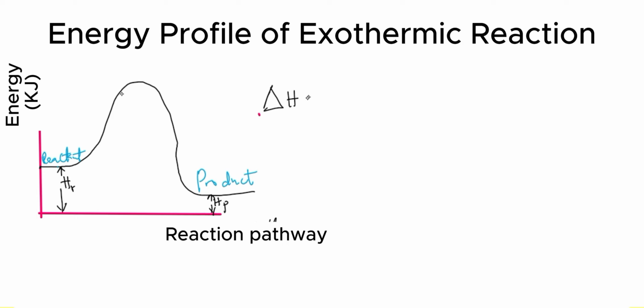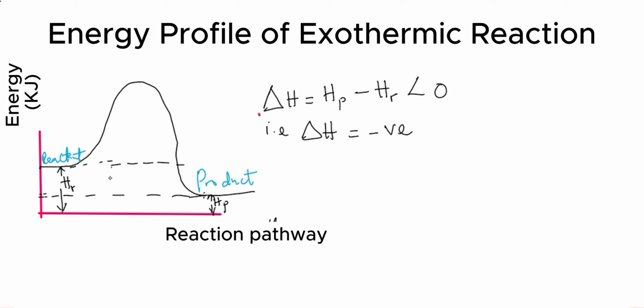Now change in enthalpy is equal to the enthalpy of the product minus the enthalpy of the reactant, and since the enthalpy of the product is less than the enthalpy of reactants, we should have a number less than 0, which will be negative. So delta H is negative for exothermic reaction, and this delta H is given there.